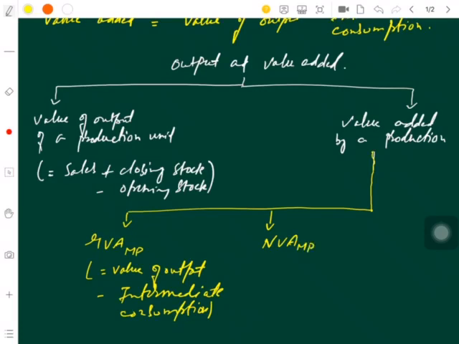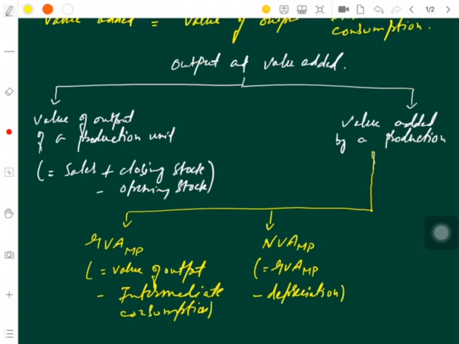Now you also know how to convert gross value added into net value added. Gross value added is equal to value of output minus intermediate consumption. Intermediate consumption means the raw materials, etc., which we were using. So net value added at market price is gross value added at market price minus depreciation.